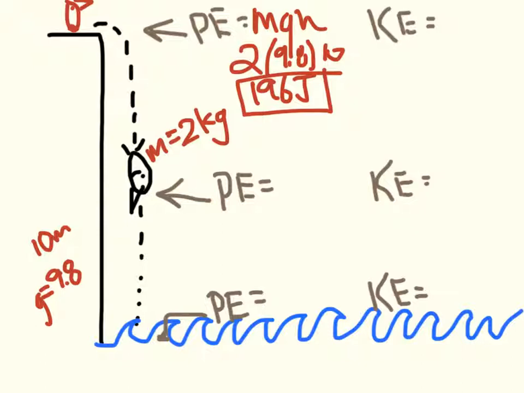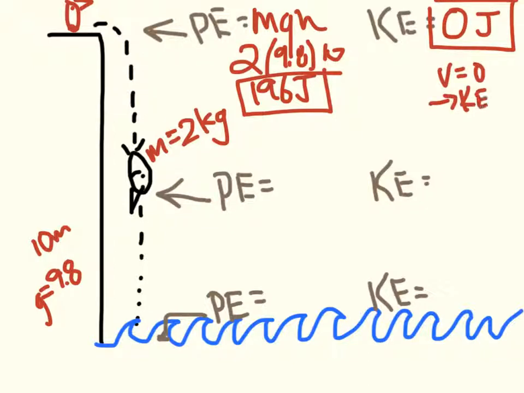The penguin's kinetic energy would be 0 joules because the penguin is not moving. So if velocity is 0, then kinetic energy is 0 just by plugging a 0 into that formula, the 1/2 mv squared.